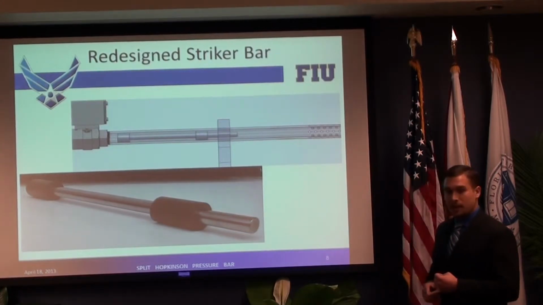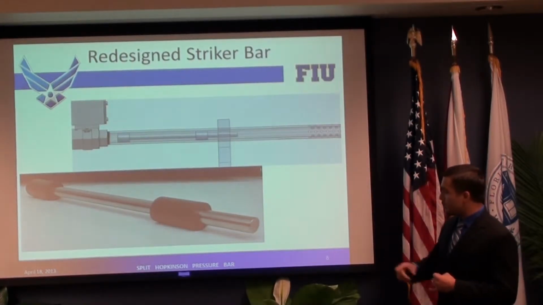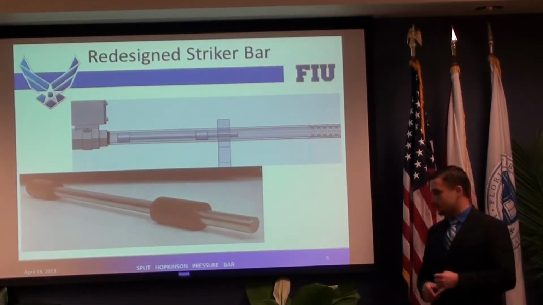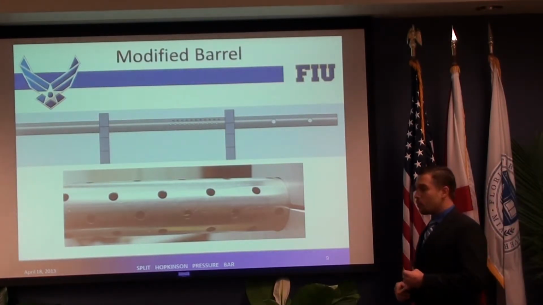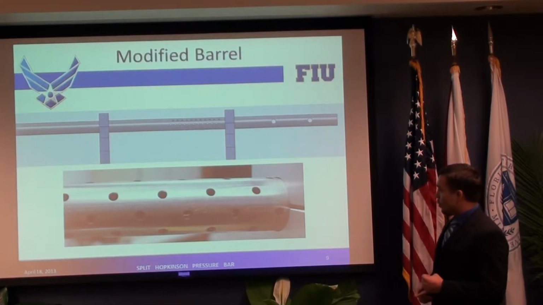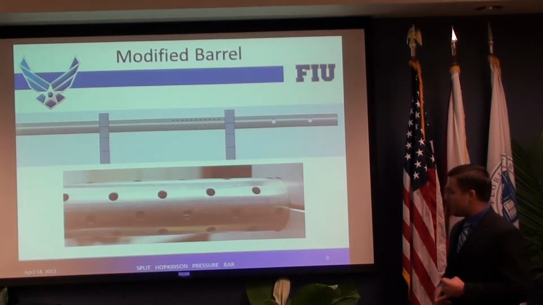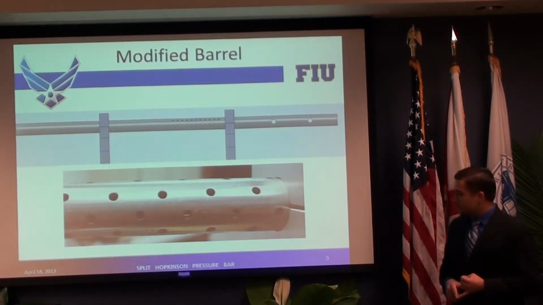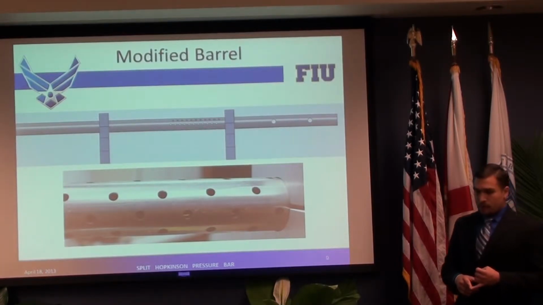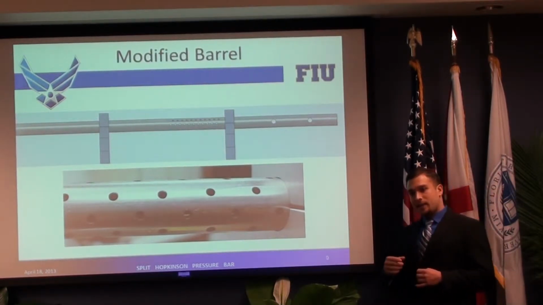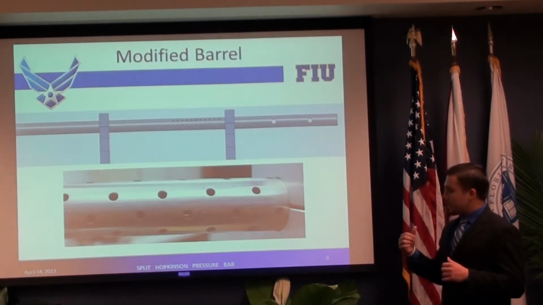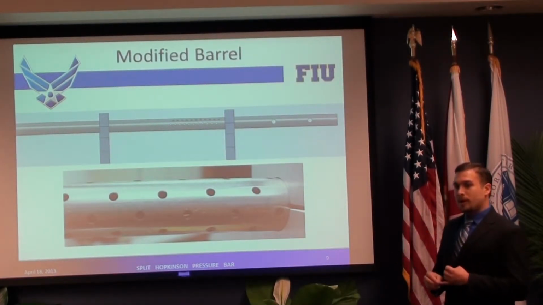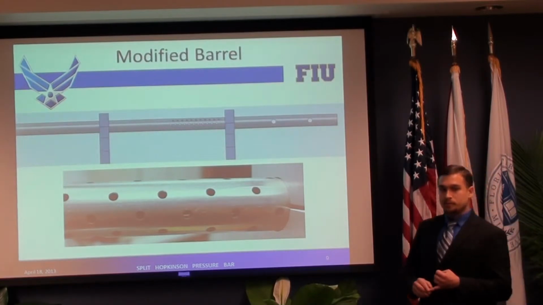So we made up for that clearance with Delrin self-lubricating spacers, as you can see here. We went on to modify the 1-inch barrel by incorporating an array of exhaust ports. These exhaust ports allow expanding gases behind the striker bar to vent out into ambient, which will give us a constant velocity upon impact, which is also another requirement.